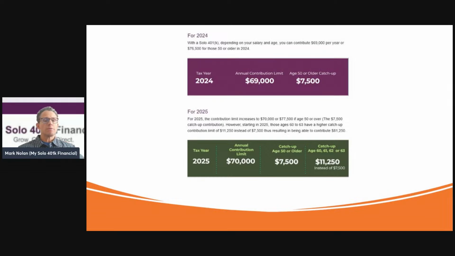Under that super catch-up amount, instead of contributing $7,500, you can contribute $11,250. Obviously, you can't contribute both, but you can contribute that $11,250 amount instead of the $7,500, as long as you fall within that age range of 60 through 63.